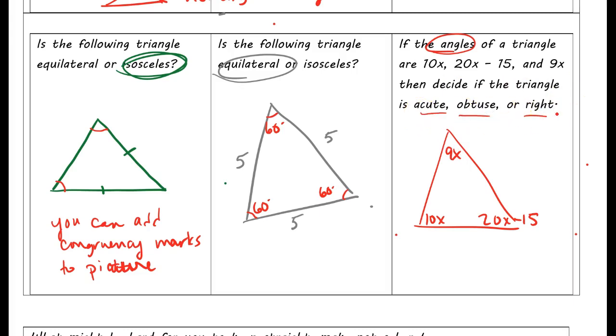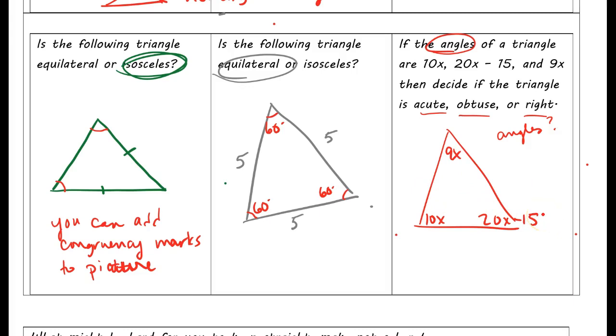We're talking about angles of a triangle, so I need a picture, everybody. Just draw a random triangle and let's start filling in the picture. It's given us these three things, and we've got to figure out acute, obtuse, or right, which means we need to know what the angles are. The goal is to find all the angles first, then make the decision on what kind of triangle it is. Now, how do I find all the angles?